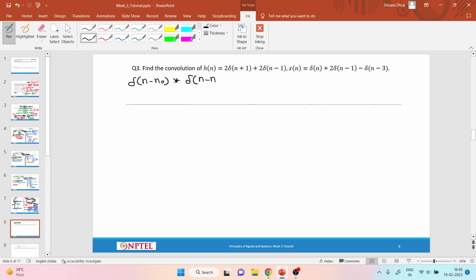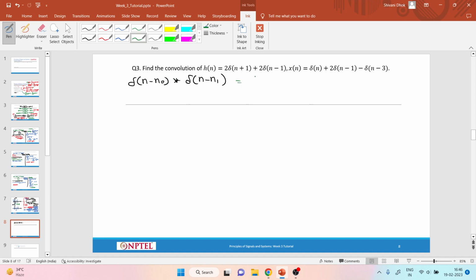What do I mean by this? What will I get? I'll first try to understand this, and then use the properties of convolution to solve this example. I'm doing this because unit impulse convolution is a very important thing. It helps a lot for solving such kinds of examples. So let us first look at this.